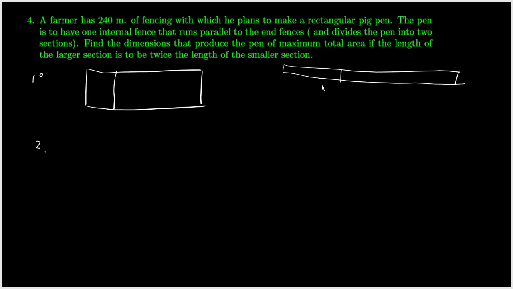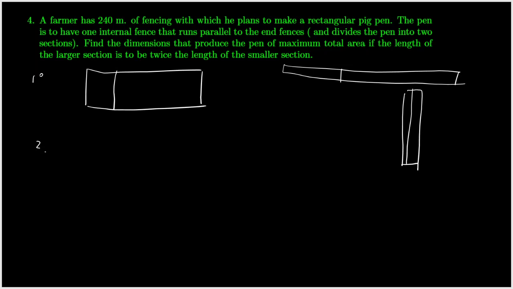It could be very long horizontally, and I believe you can imagine the area is not going to be the largest, because the two sections are too narrow. Or alternatively, he could make the fencing very long vertically, that way.